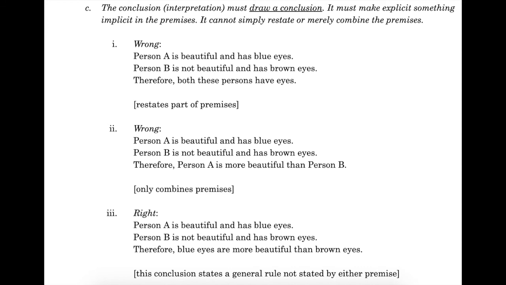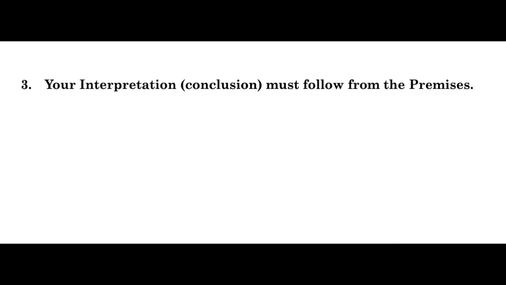This conclusion makes explicit what was implicit in the two premises. It states as a general rule, a thing about eye color, that was alluded to in the premises but not stated by either premise. Okay? So that's what I mean by making sure that your conclusion follows logically from your premises.